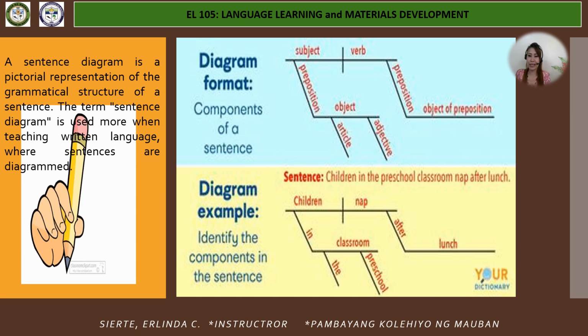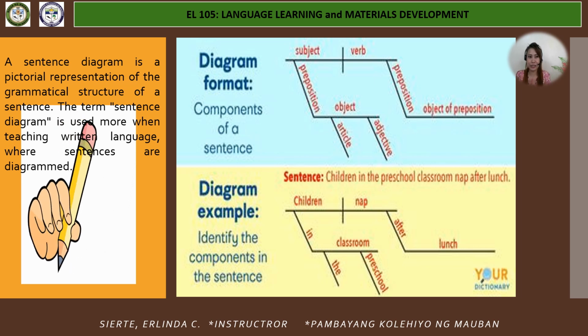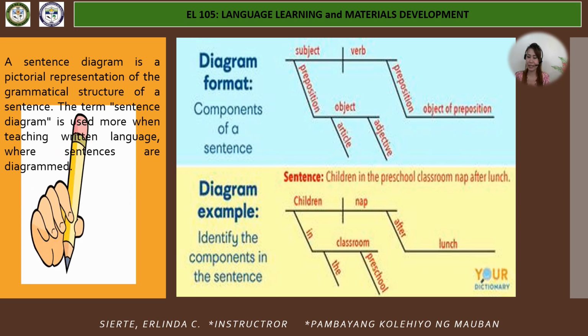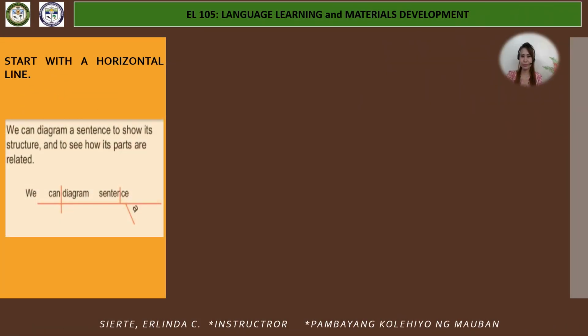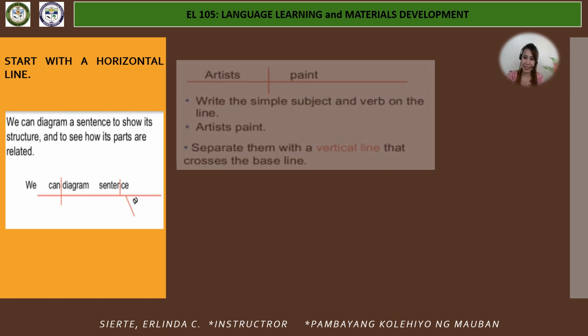Of course, sentence diagramming is applied to written sentences, because how are we going to diagram a sentence if we are just talking, if we are just taking it orally? So it starts with a horizontal line. We can diagram a sentence to show its structure and to see how its parts are related.